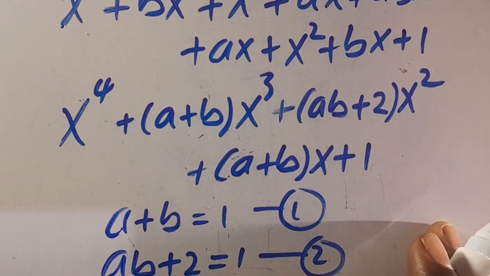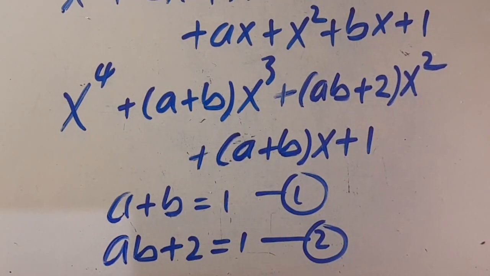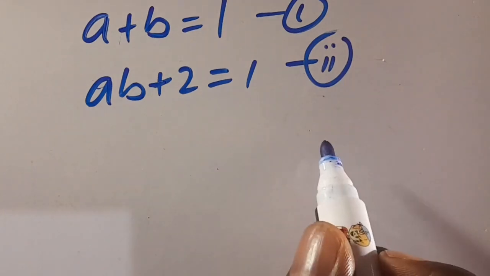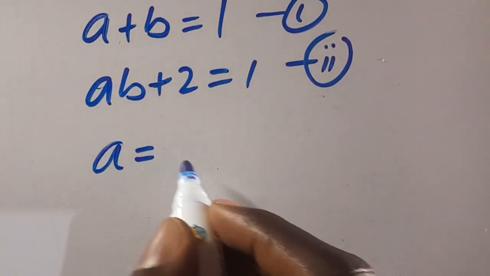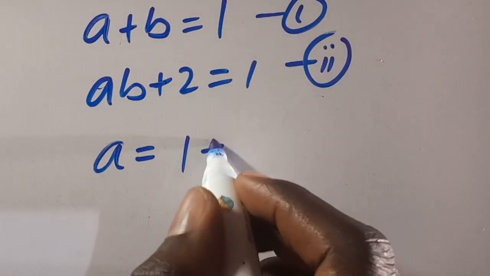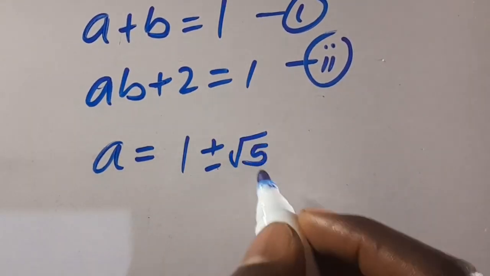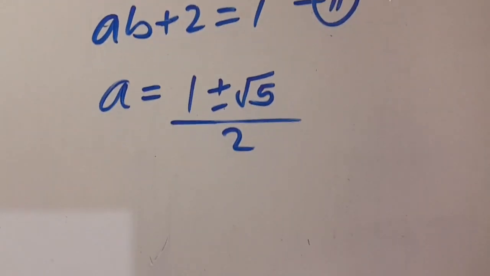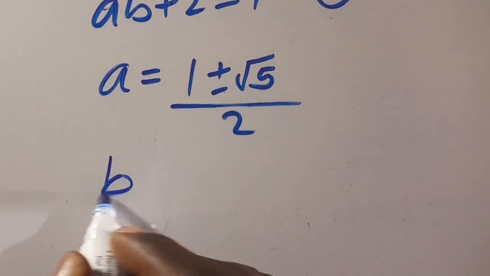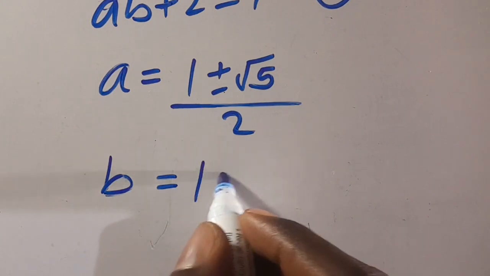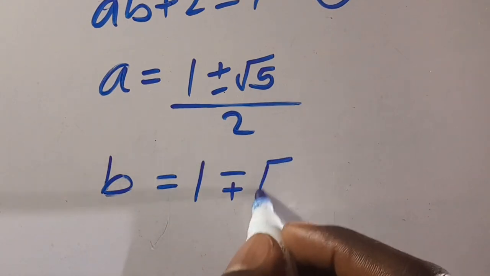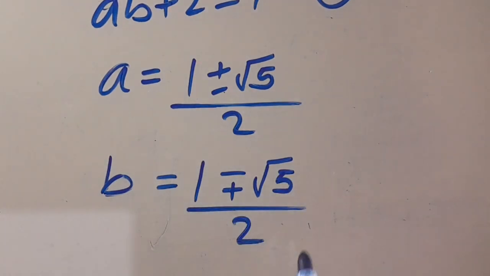So now when you solve this simultaneously, we are going to have A to be equals 1 plus or minus root 5 divided by 2, and we are going to have B to be equals 1 minus or plus root 5 divided by 2.